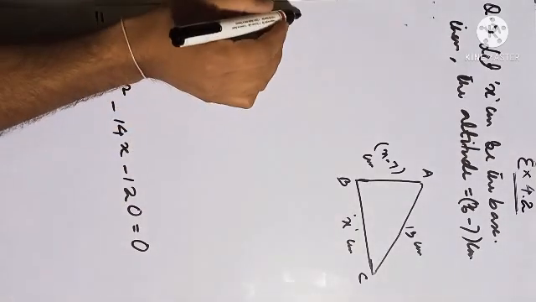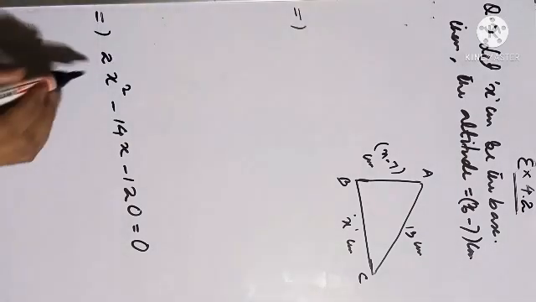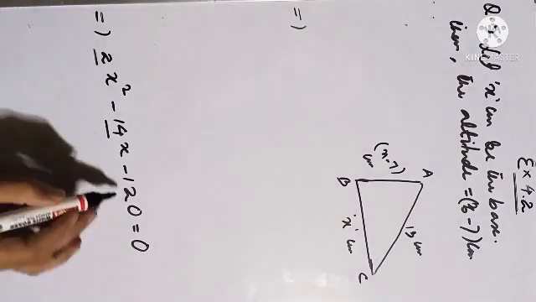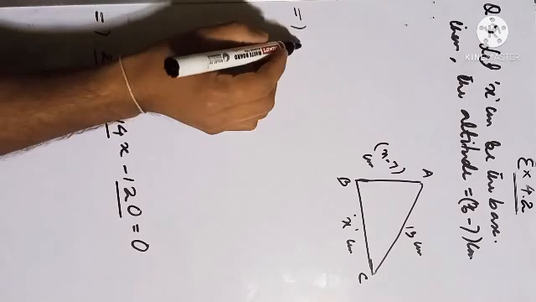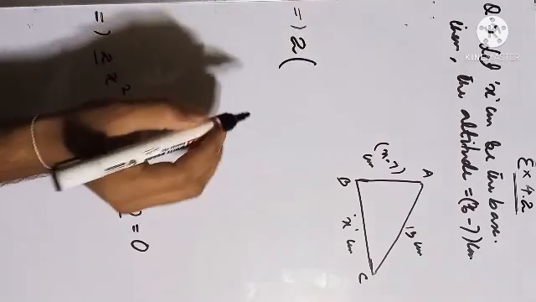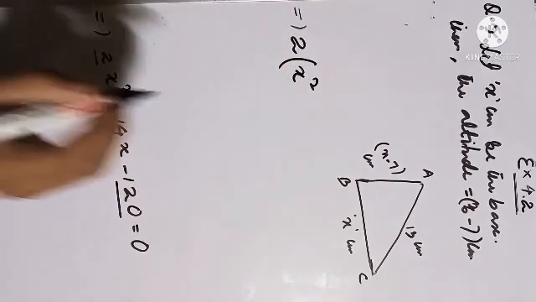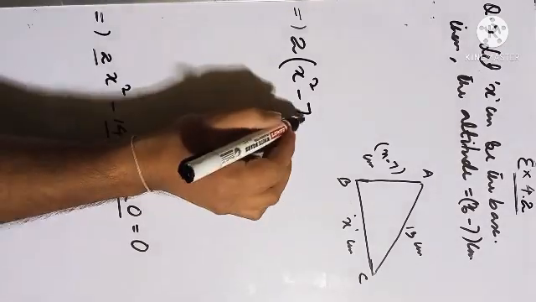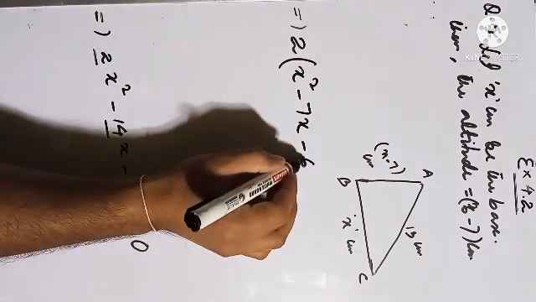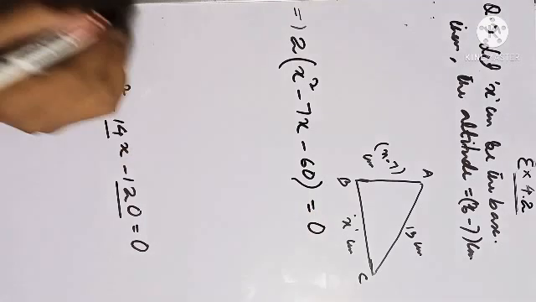Implies we have here 2, 14 and 120. So let me take 2 common here. Then here x square minus 7x minus 60, then equal to 0.